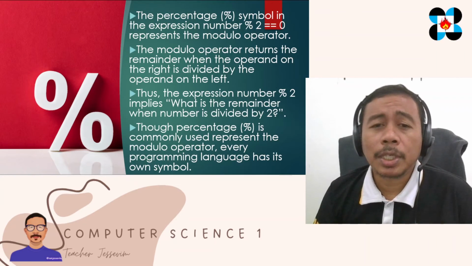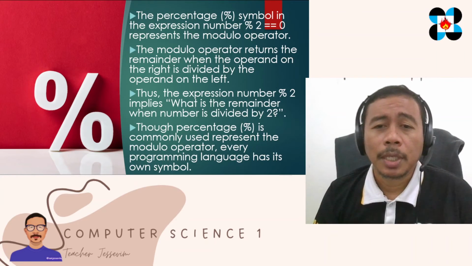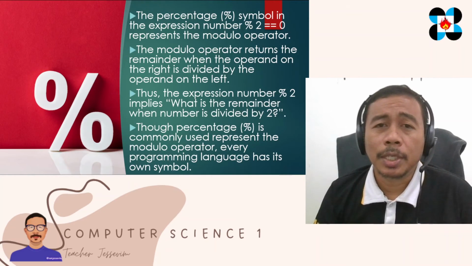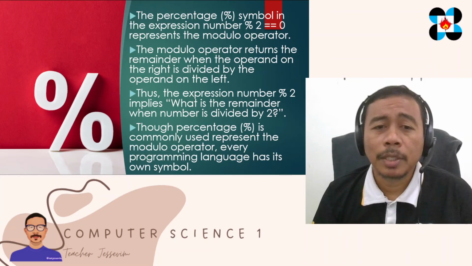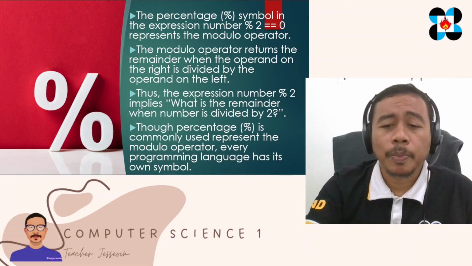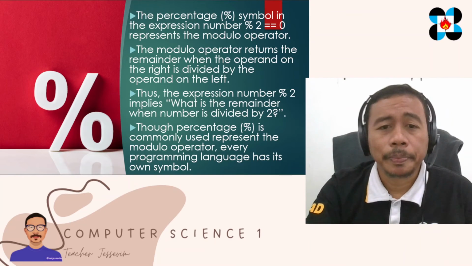Though percentage is commonly used to represent the modulo operator, every programming language has its own symbol. In the case of Python, C++, or Java, the modulo operator is represented by the % symbol.